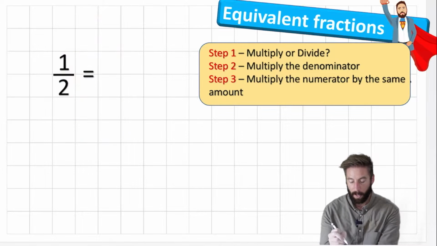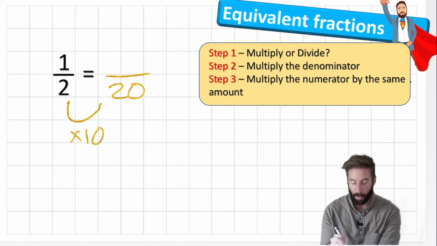Let's do another one. Let's times it by 10. So again, I'm going to multiply, but this time I'm going to multiply by 10. 2 times 10 is 20. And then whatever I've done to the denominator, I need to do to the numerator. So I'm going to times the numerator by 10. 1 times 10 is 10.